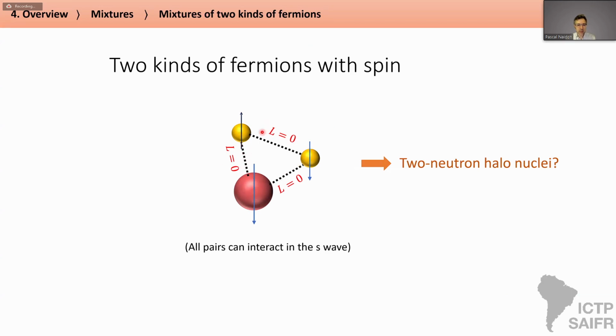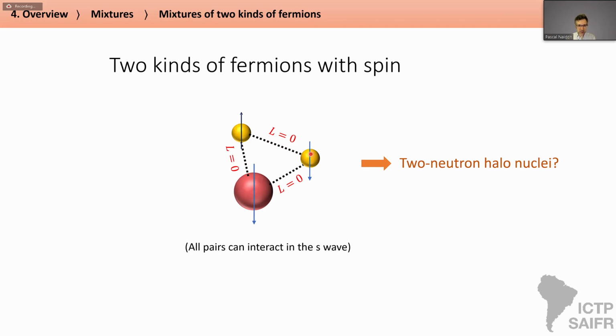So here, this is a bit similar to the bosonic case in the sense that we can have particles that are either of different nature, or identical but with different internal states. So that means that they behave like distinguishable particles. So they can be in the fully symmetric wave function with no angular momentum and all interact with S-wave interactions.